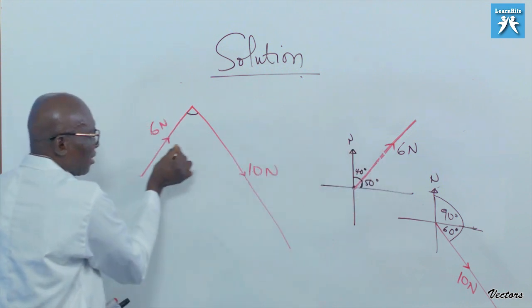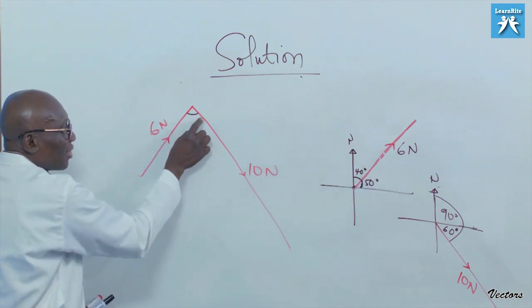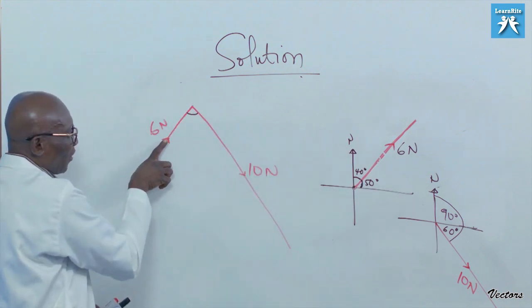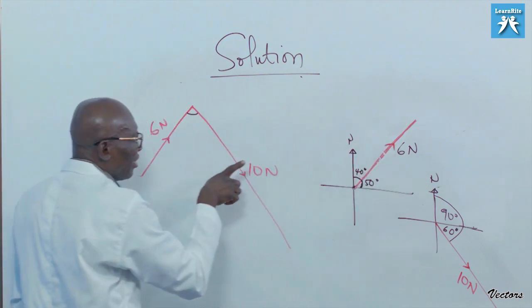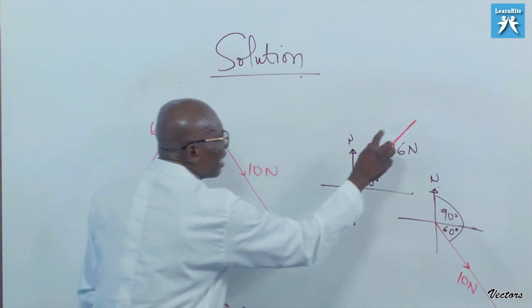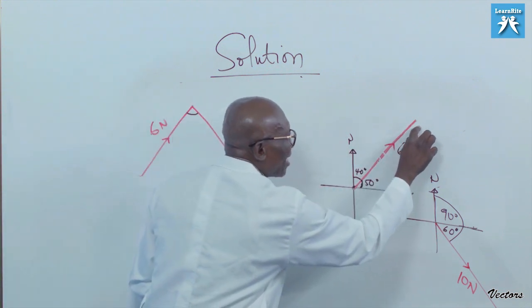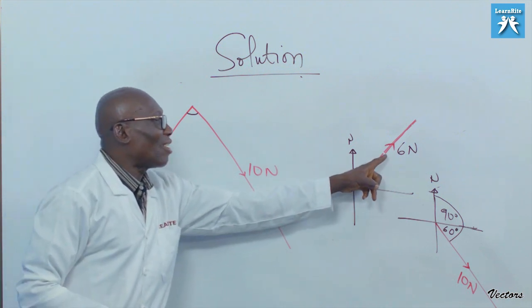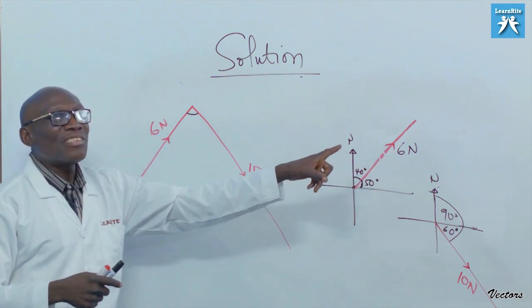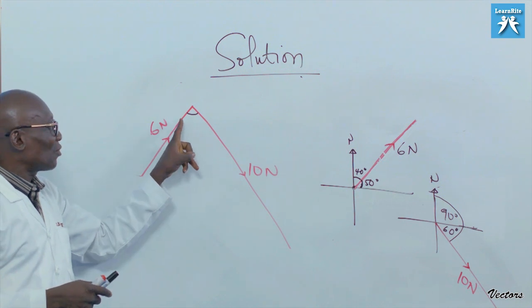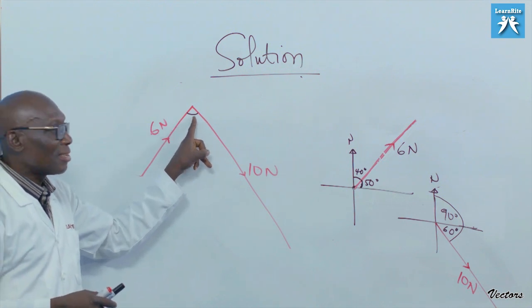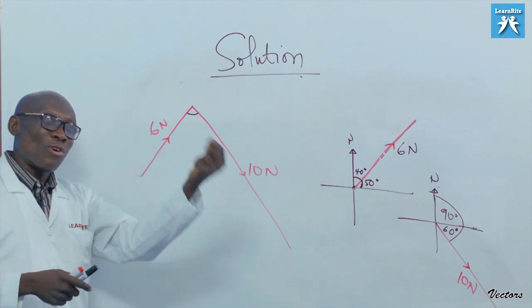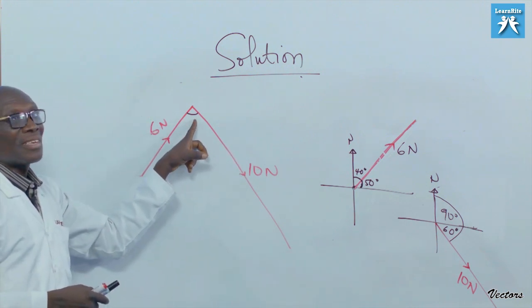And the angle we are talking about here is this part. Can you see it? Look at the arrow. And look at this arrow. So we ask ourselves, this vector, how much is it contributing to this angle we are talking about?